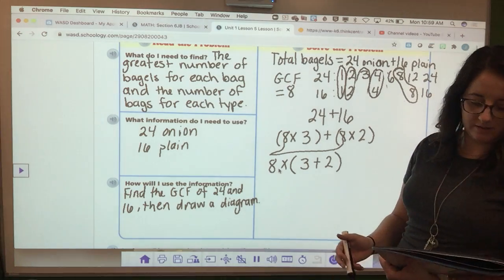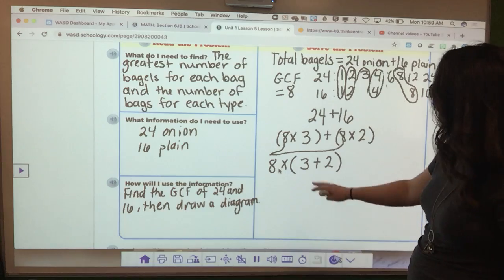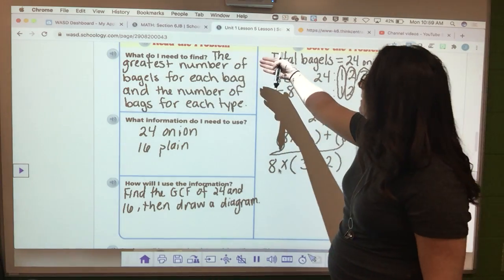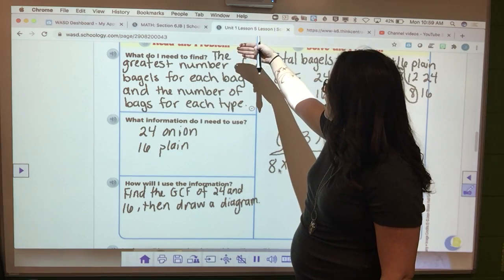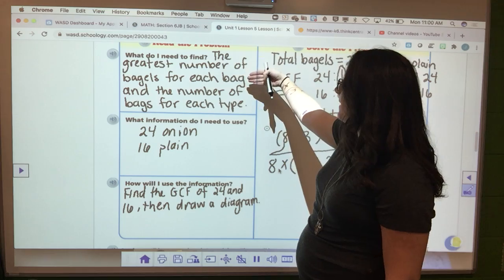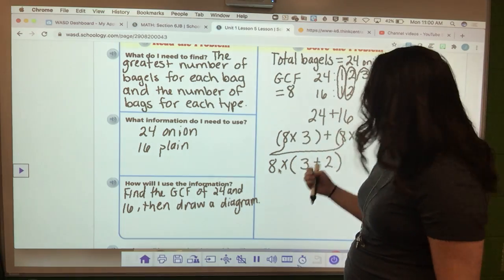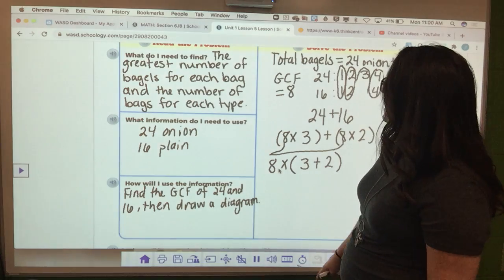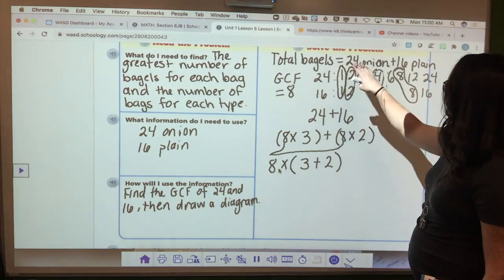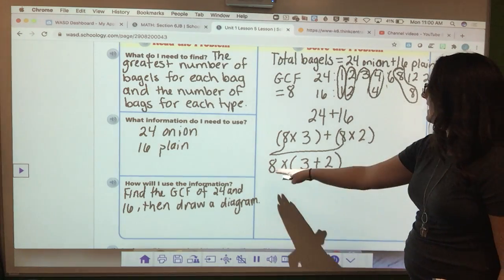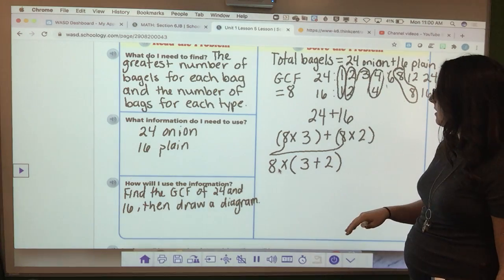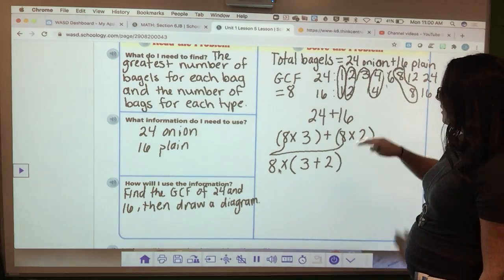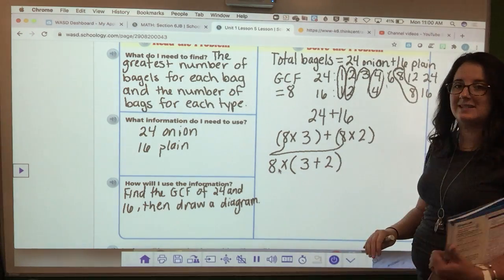So that means we are going to have 8 bagels in each bag. To answer the first question, the greatest number of bagels for each bag is 8, because that's the greatest common factor. And there will be 3 bags of our onion bagels, because 8 times 3 is 24, and 2 bags of our plain bagels. 8 times 2 is 16.